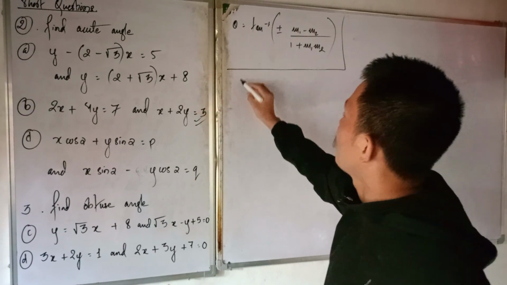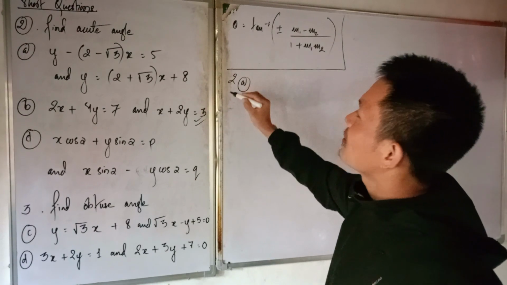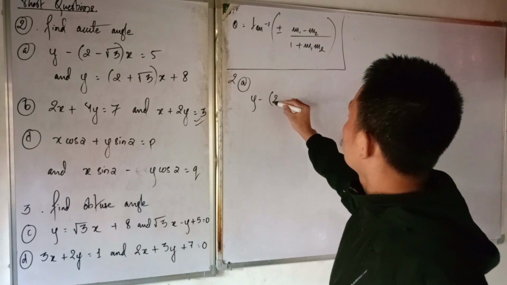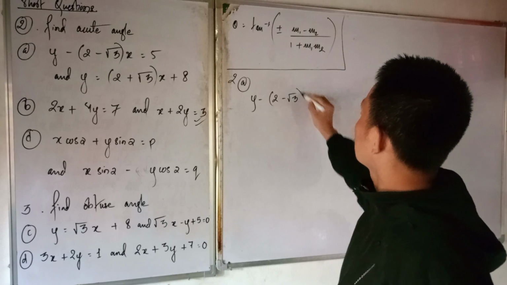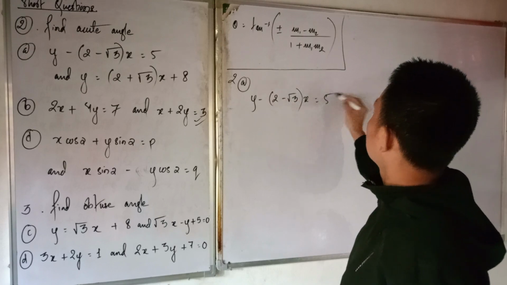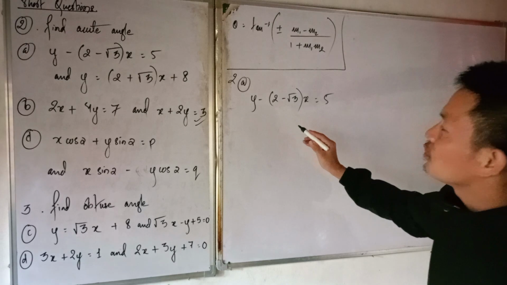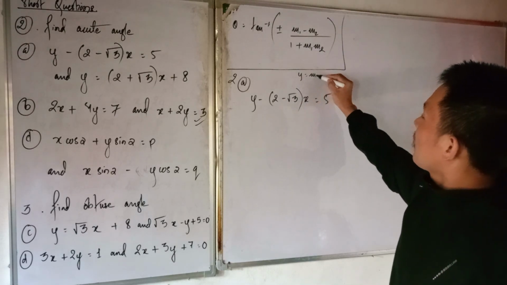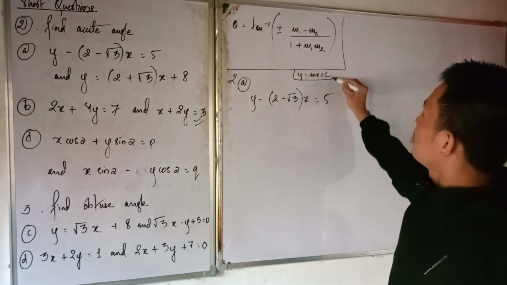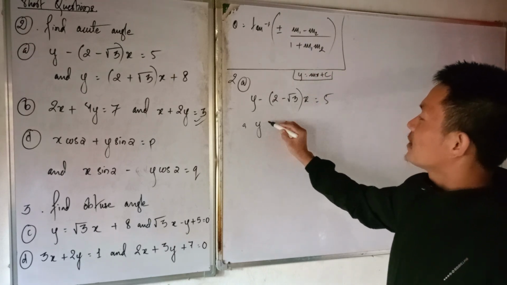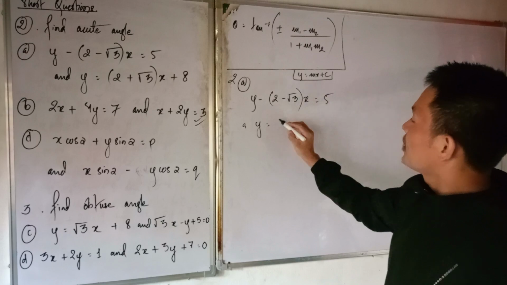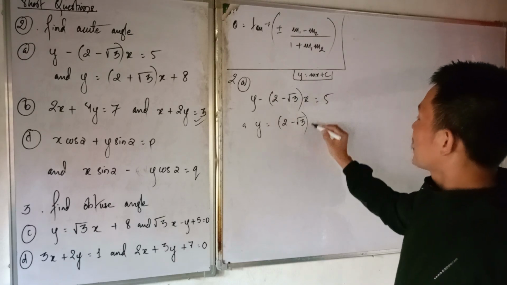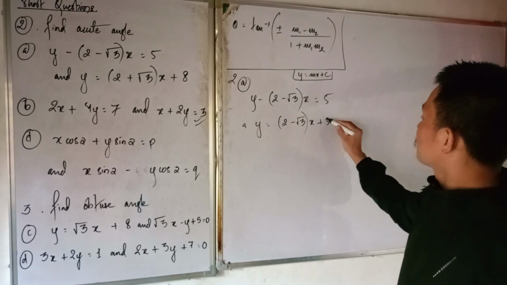Now 2a. In 2a you can see two lines. y minus (2 minus root 3)x equals 5. I would like to use y equals mx plus c here. So y is already here, and I'm going to move this to the other side. It becomes positive (2 minus root 3)x, and 5 is already there.